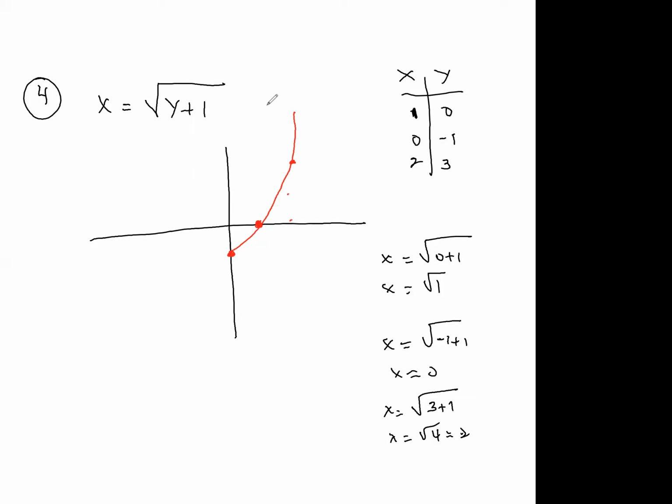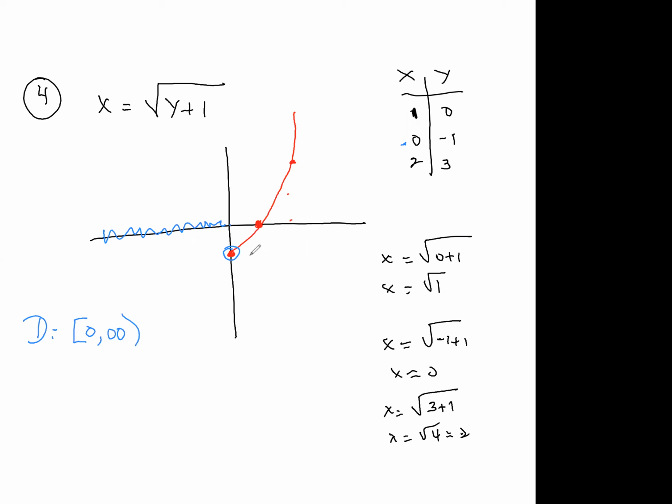Now, what is the domain? Look at the values for x. Nothing happens in this part for x. It starts happening exactly right here. What is the value for x right here? 0. And the domain will be from 0 to plus infinity.